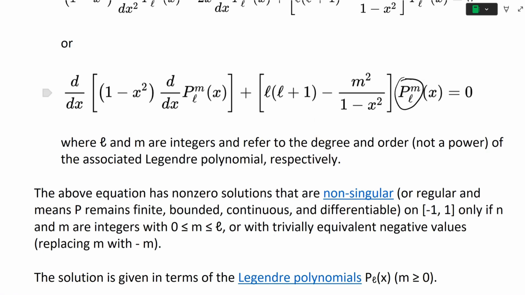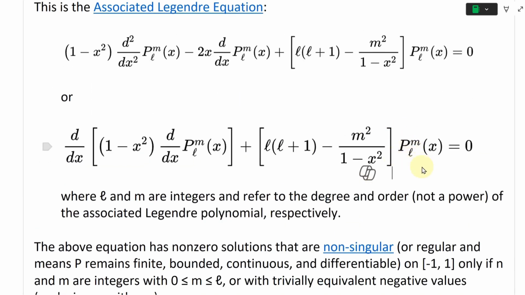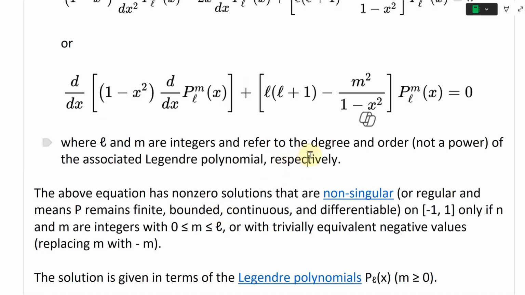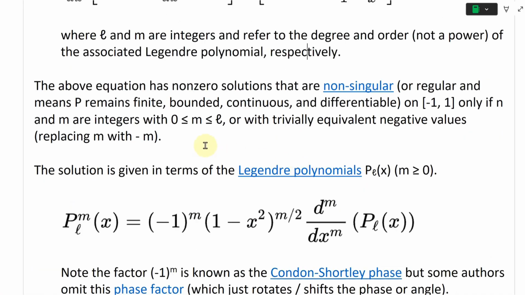And this is where the whole idea of magnetic quantum numbers arises as well, because basically you plug these into this giant solution, which I'll get to, and those give you your respective solutions.